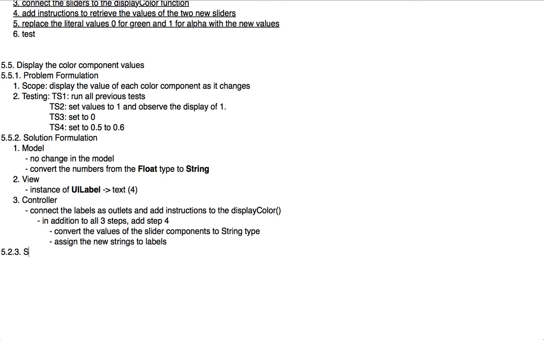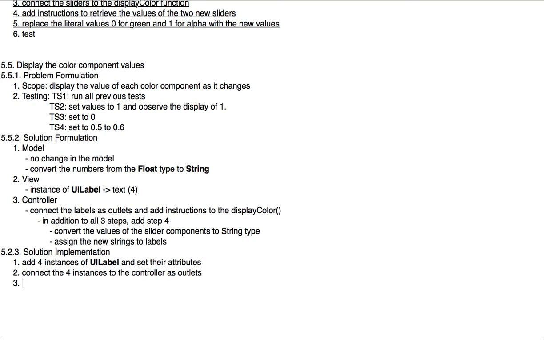So finally, the implementation of this iteration. Step 1 is to add 4 labels and set their attributes. Four instances of UI label, I'm going to talk software language here. And then connect the 4 instances to the controller as outlets. And then in the display color function, convert the values.